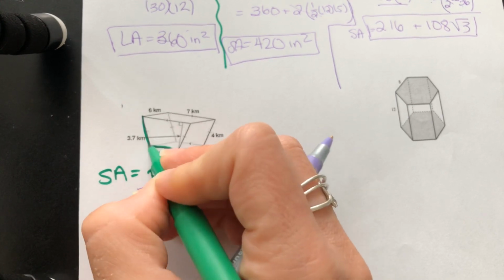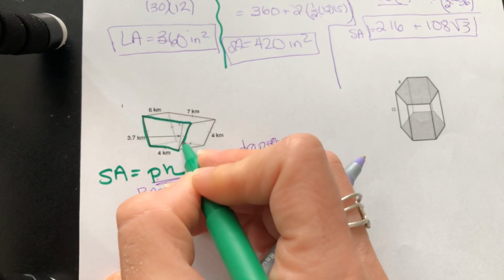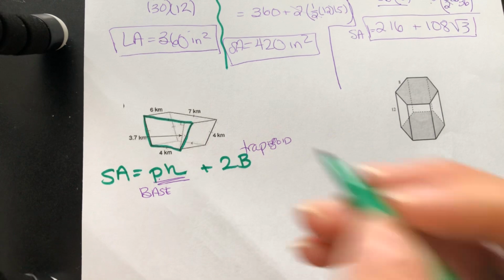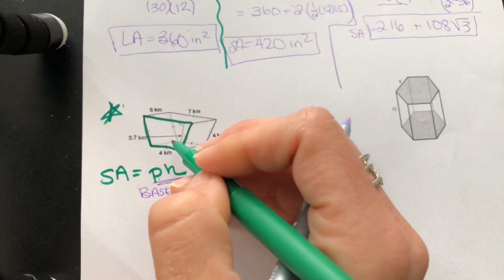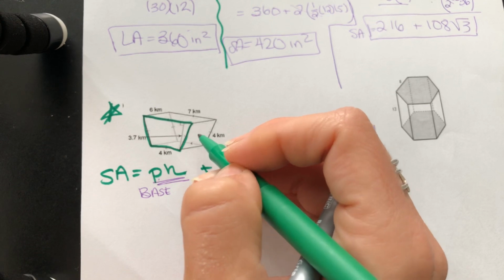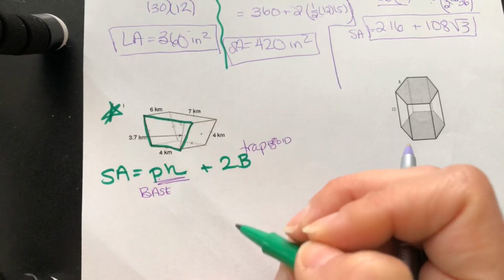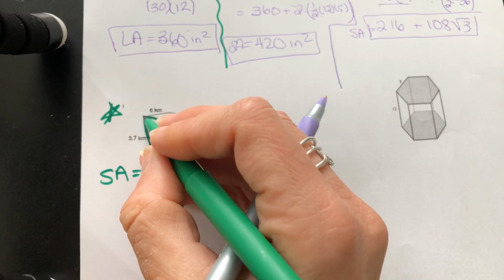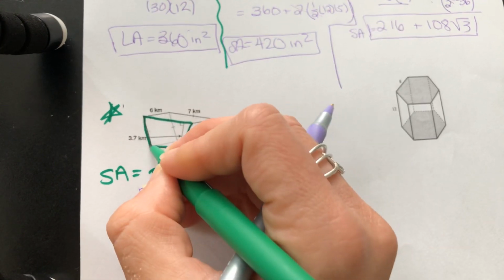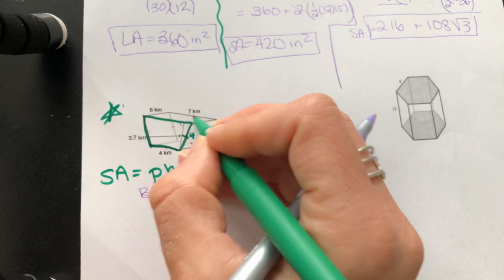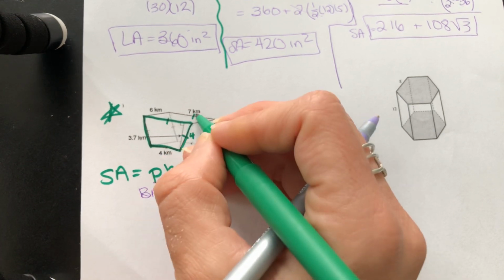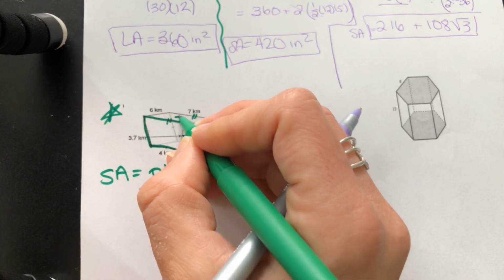I'll just star this one because the base is a trapezoid. All of these other faces are rectangles. So we have 3.7 plus 4.